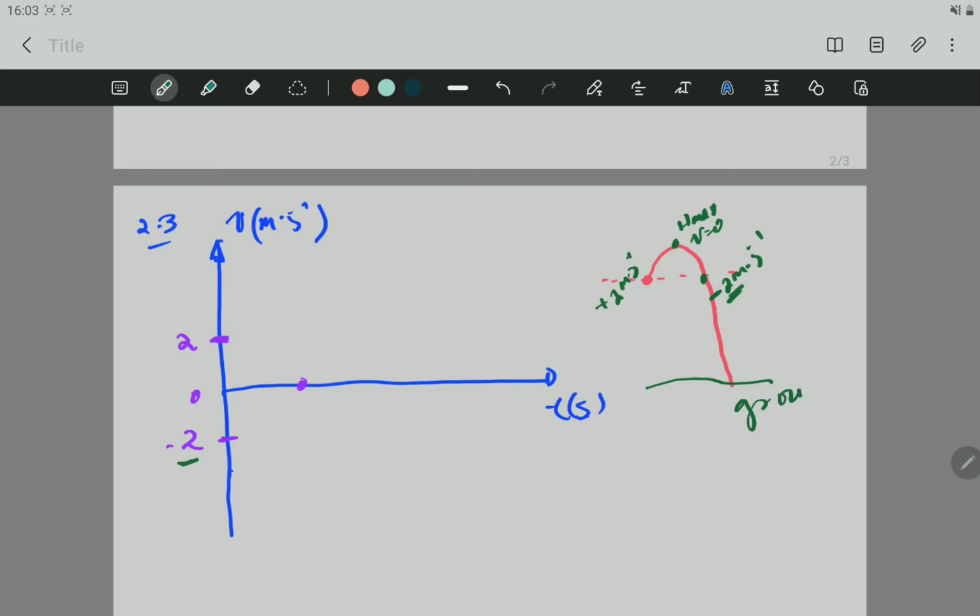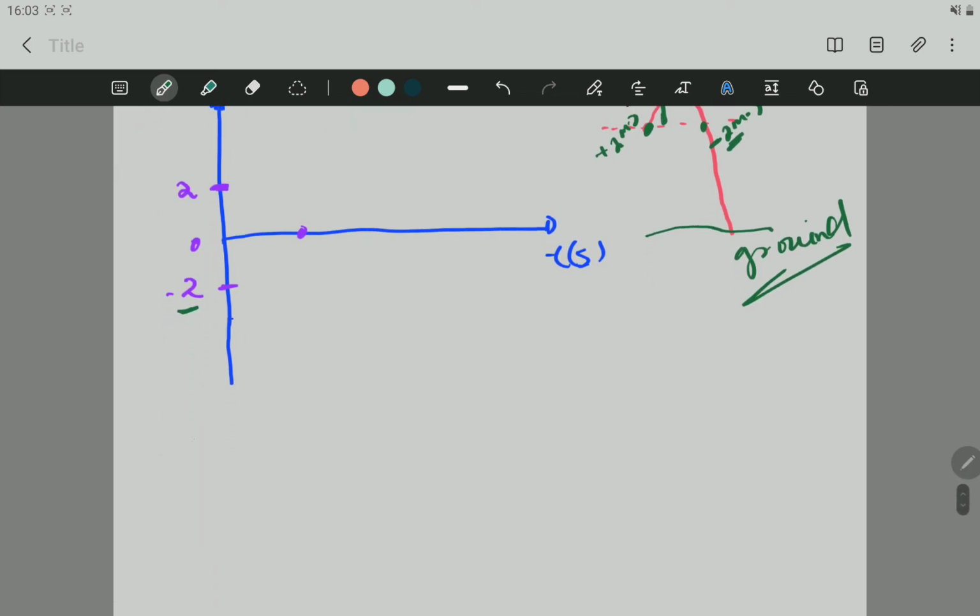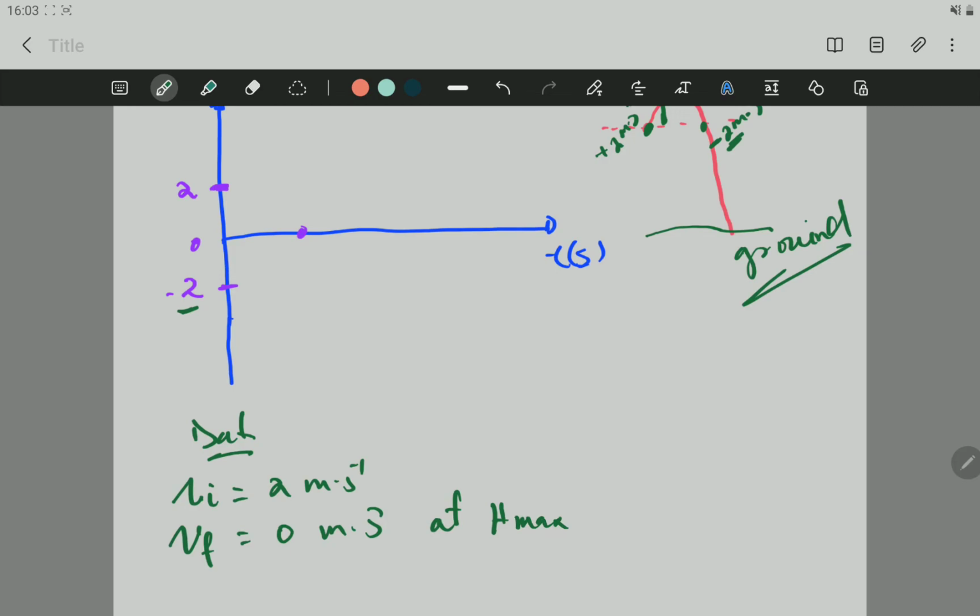That is the ground. Okay, so let's calculate the time from the starting point to the maximum height. We can substitute. We know that the initial velocity is equal to 2 meters per second. We know that the final velocity is equal to 0 meters per second, at maximum height.